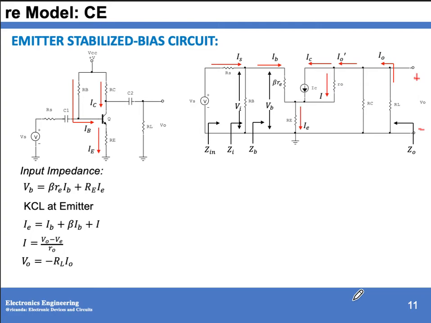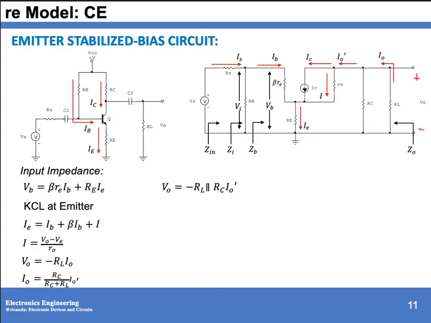And IO is equals to RC all over RC plus RL times IO prime. And we have to substitute that one to your Vo.